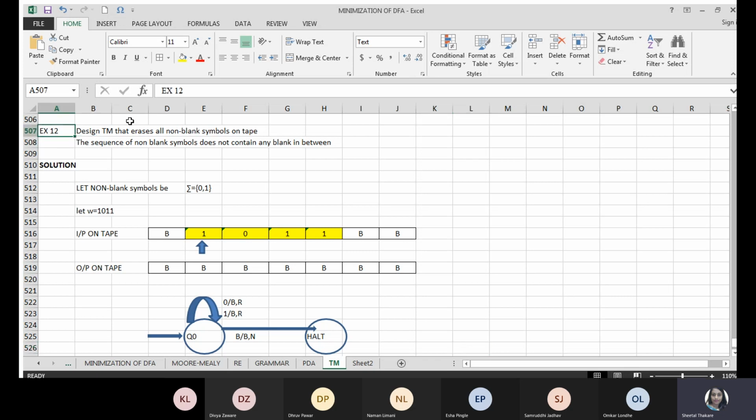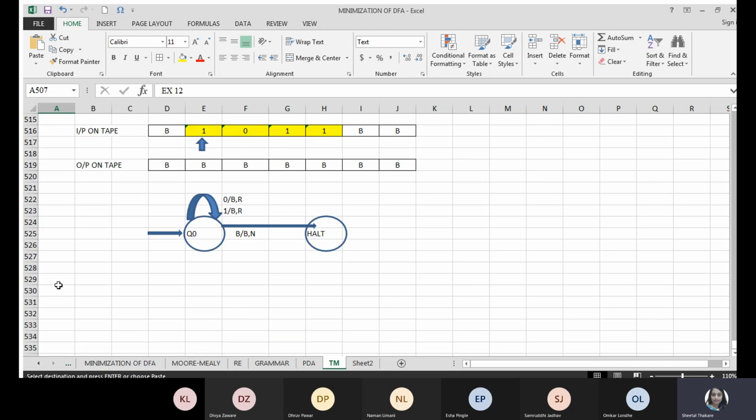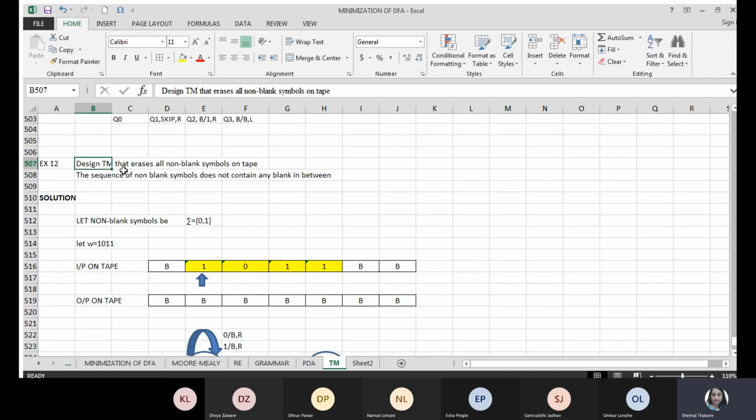So here the main thing is you should understand the logic or meaning of the problem statement, what is asked. The way of asking is simple.